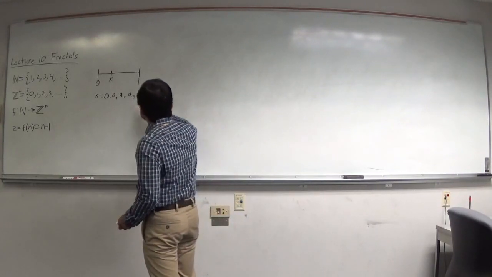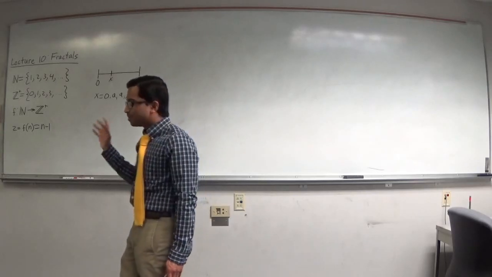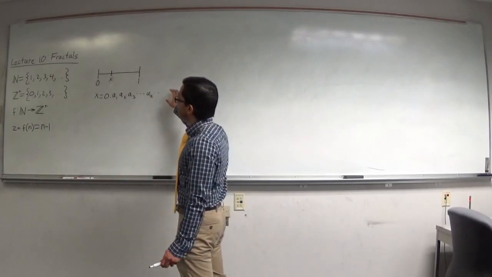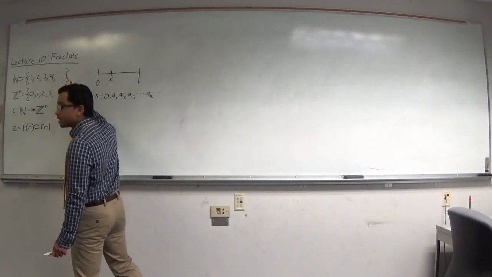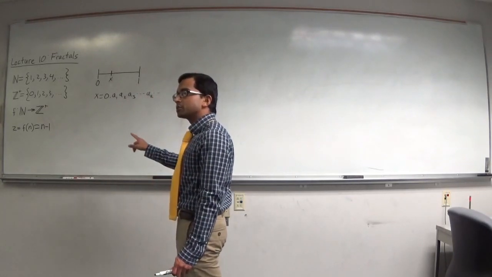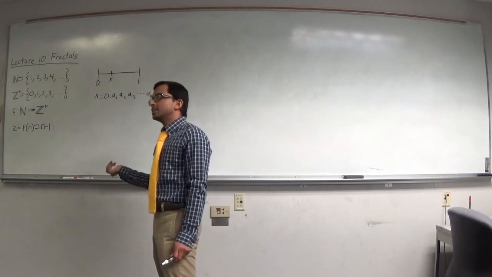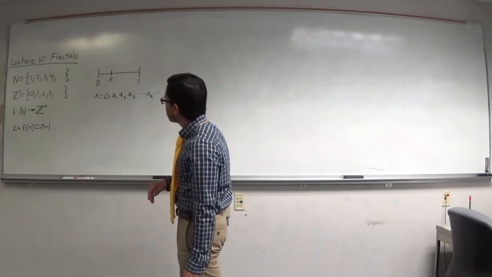There's a method to prove that it's not 1 to 1. Basically you assume that you can go from the naturals to the unit interval and you have a 1 to 1 correspondence, but then you try to construct that correspondence and you see that you fail. But that's a proof for an analysis class.